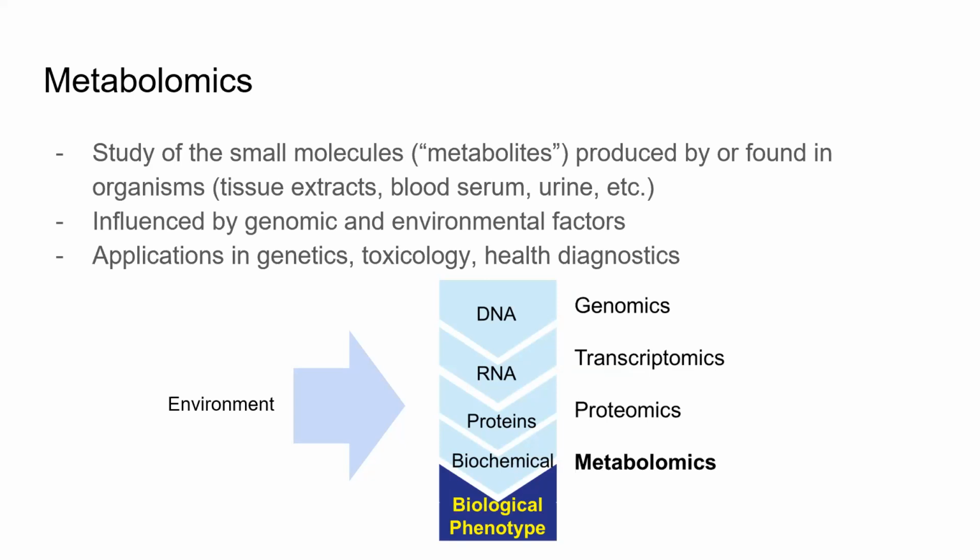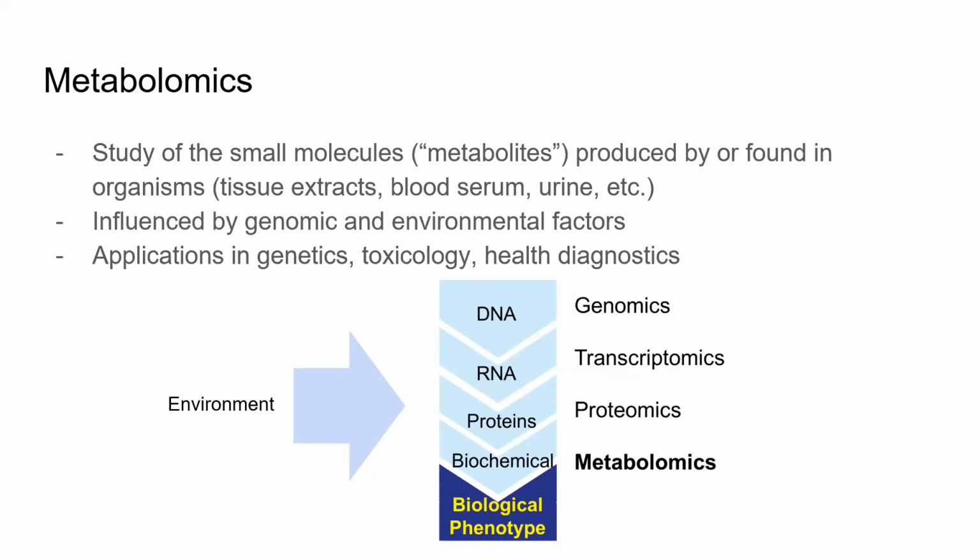So the metabolites are influenced by the DNA and all these steps that lead to the small molecules. And as well, this entire pathway is also affected by environment, things like diet and disease.